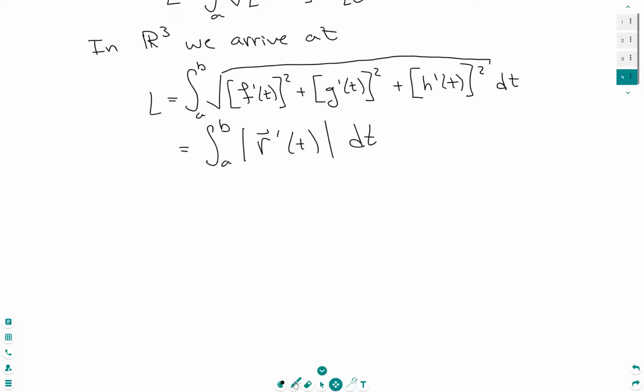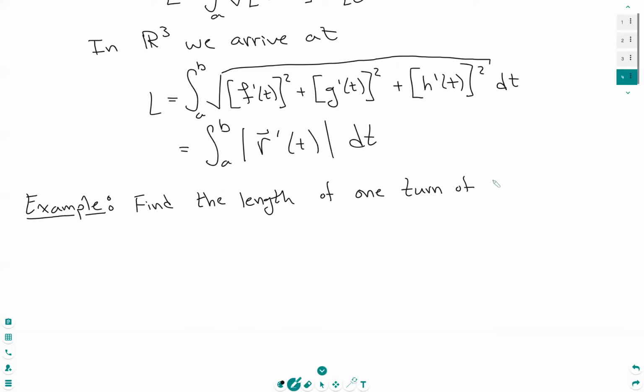So let's do an example. We're going to find the length of one turn of the helix r of t equals cosine of t, sine of t, and t.